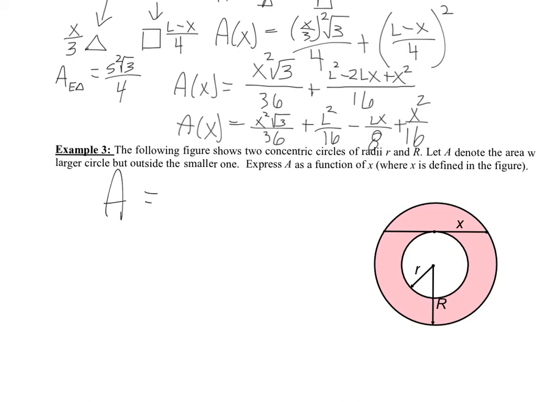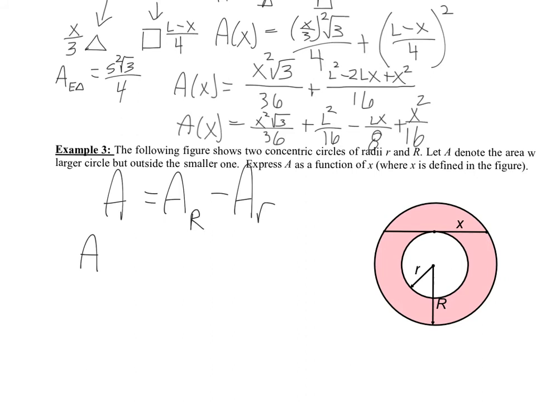So area overall is the area of the large circle, which I'm going to denote by the uppercase R, because that's the radius of the larger circle, minus the area of the smaller one. So what would that be? We want to get this in terms of x, which is the segment that goes from a tangent to the inside circle.